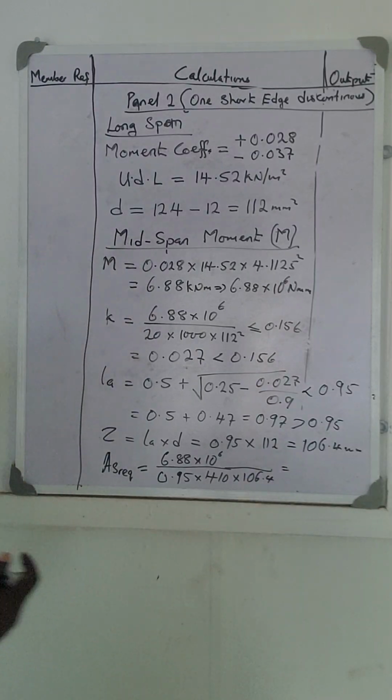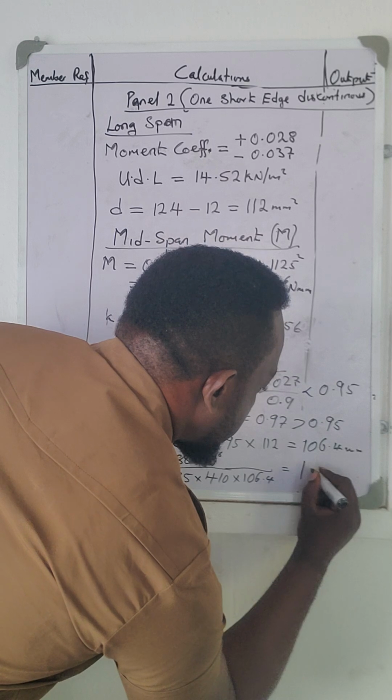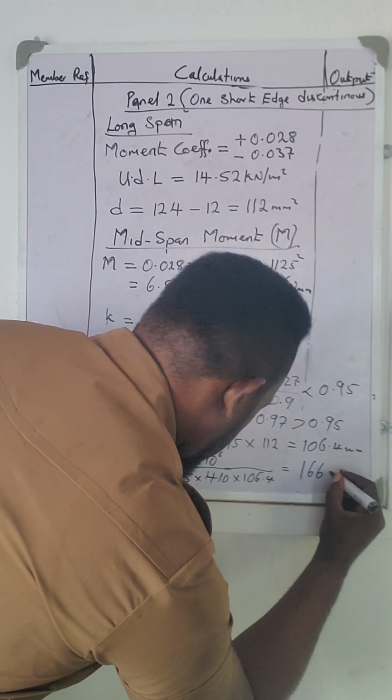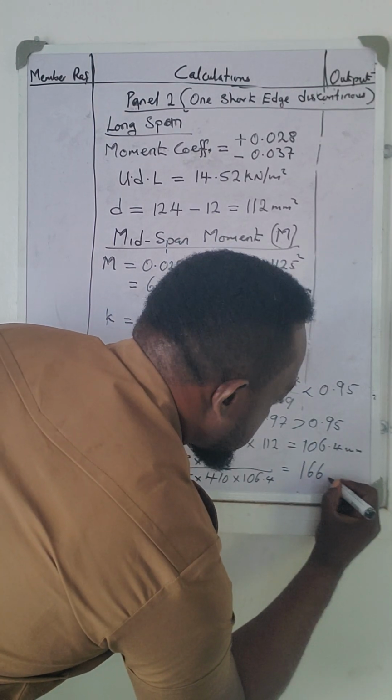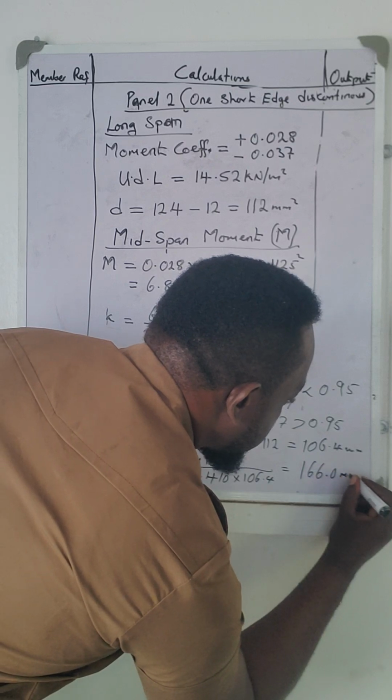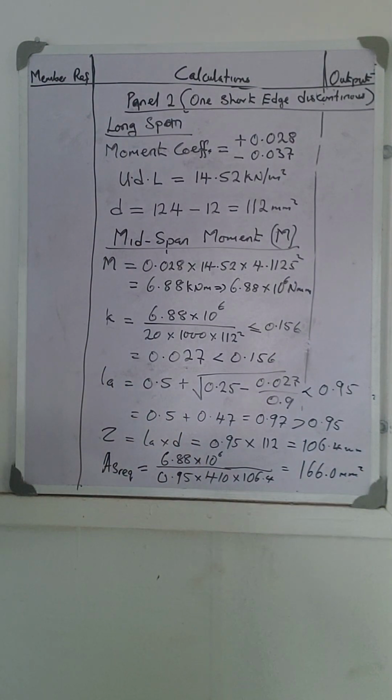If you compute that, 6.88 × 10^6 divided by 0.95 times 410 times 106.4 will give me approximately 166.0 millimeter square.